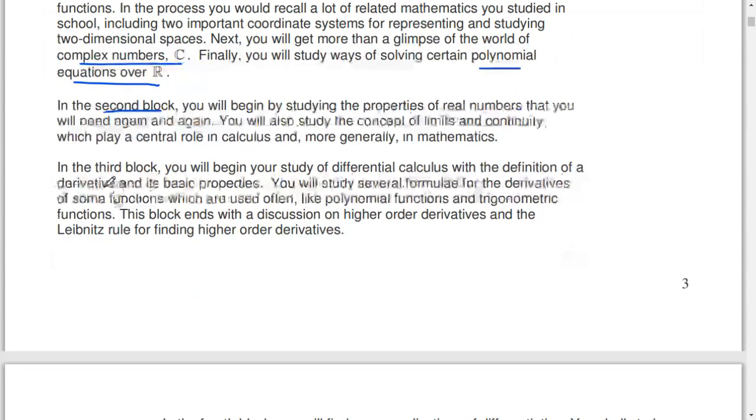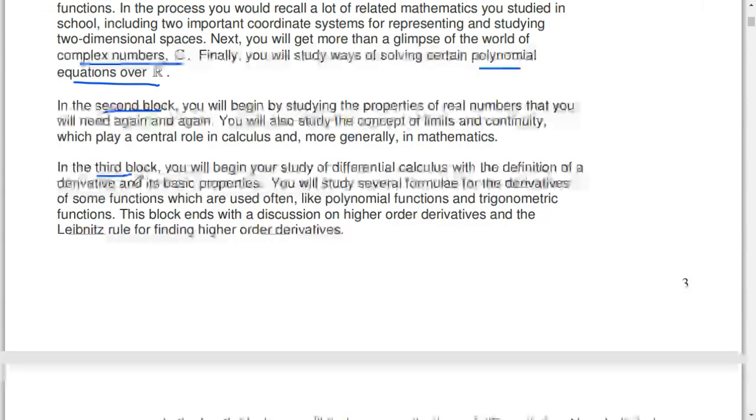In the third block, you will begin your study of differential calculus with the definition of a derivative and its basic properties. You will study several formulas for the derivatives of some functions which are used often, like polynomial functions and trigonometric functions. This block ends with a discussion on higher order derivatives and the Leibniz rule for finding higher order derivatives.